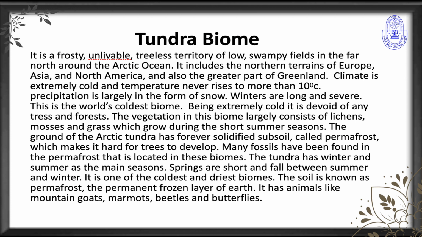Many fossils have been found in the permafrost that is located in these biomes. The tundra has winter and summer as the main seasons. Springs are short and fall between summer and winter. It is one of the coldest and driest of the earth. It has animals like mountain goats, marmots, beetles, and butterflies.